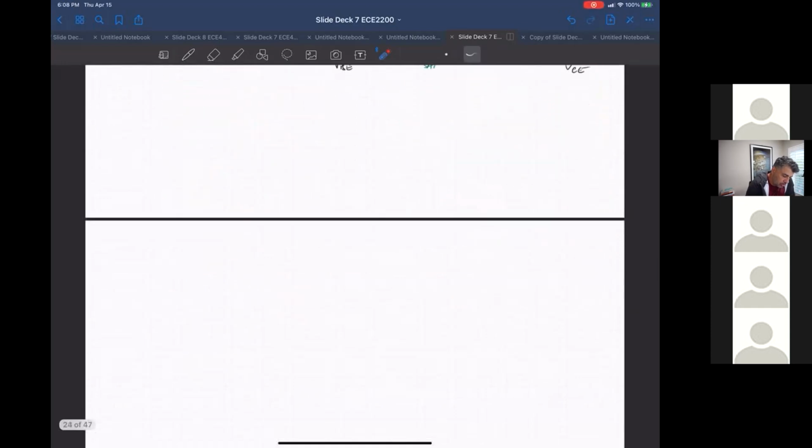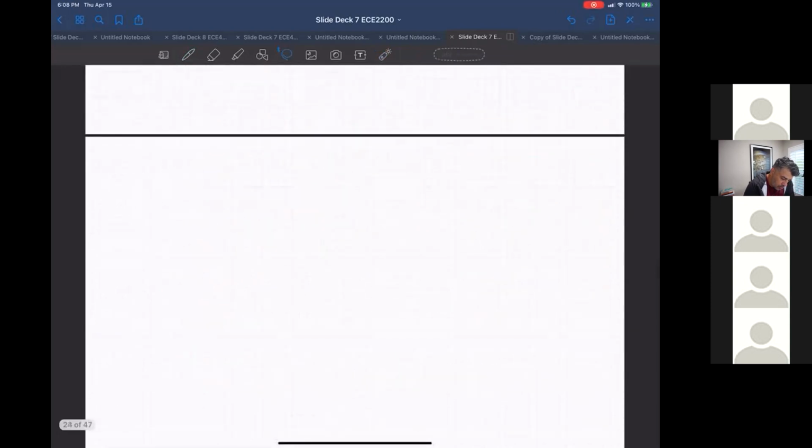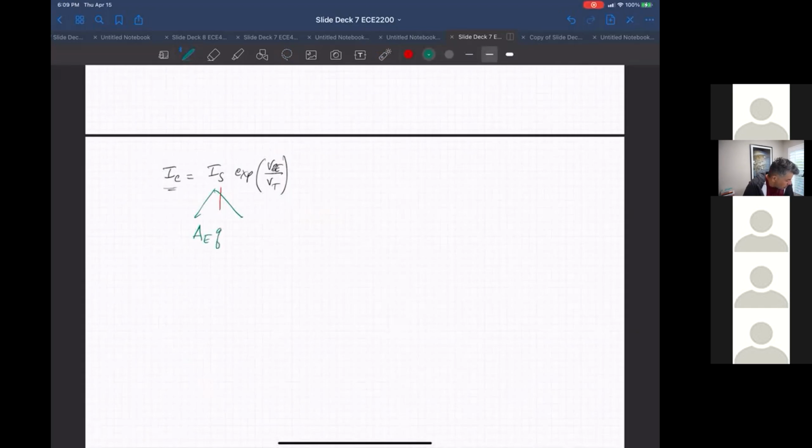So there's something hidden here. If I write out the same equation fully, this I sub s is AE, the area of the junction, Q, the charge of an electron, diffusion length, the intrinsic carrier concentration, the number of dopants in the emitter, and the width of the base, times exponential of VBE.